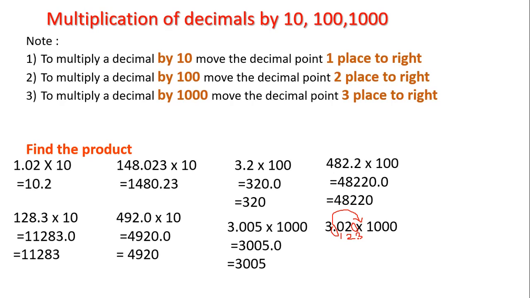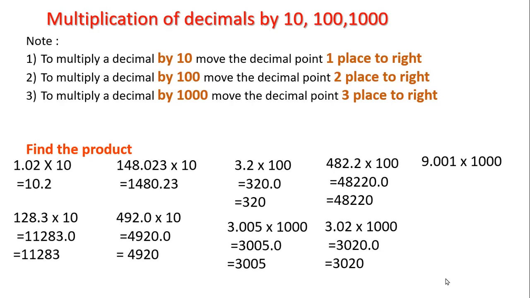So we'll place the decimal point after this 0. Then there is no decimal part, so I am using 0 to write it. Since the decimal part is 0, that doesn't have a value, the final answer will become 3020.